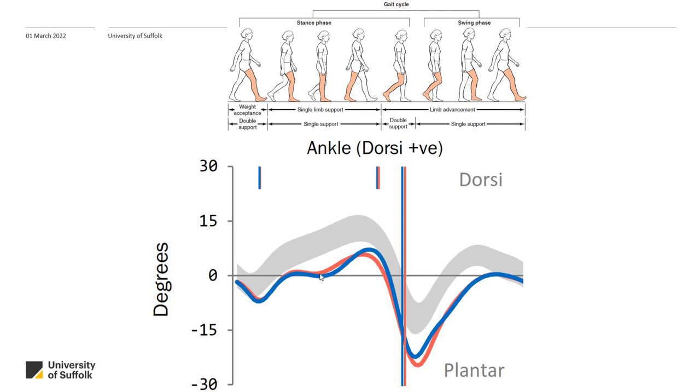What can you do? And the main finding here is this severe reduction in dorsiflexion throughout the stance phase, and this excess plantar flexion through the swing phase.